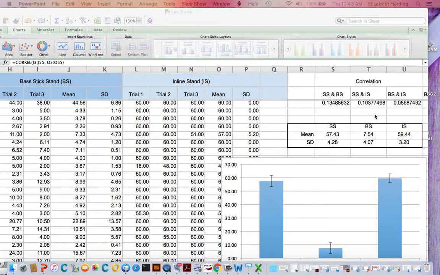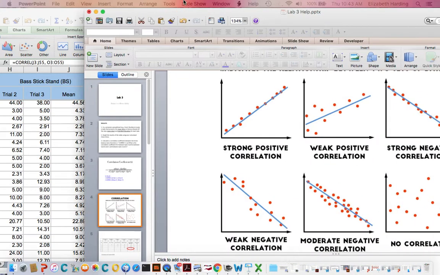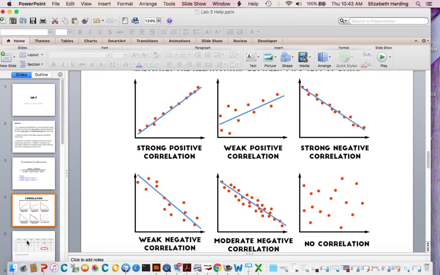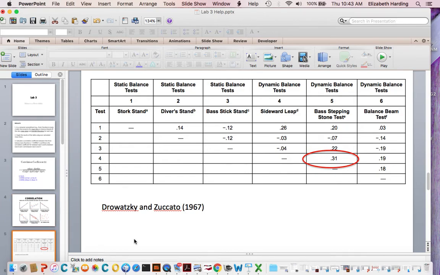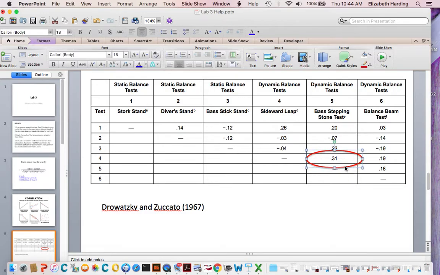Okay, so do these results seem normal? Well, looking at some research that was highlighted in your book, Drowatzky and Zuccato in 1967, we're looking at static balance and dynamic balance. They did 3 static balance tests and 3 dynamic balance tests. And you can see that the highest correlation is actually between 2 dynamic balance tests, which are the sideward leap and the Bass stepping stone test.